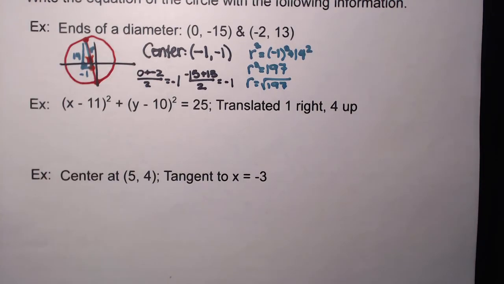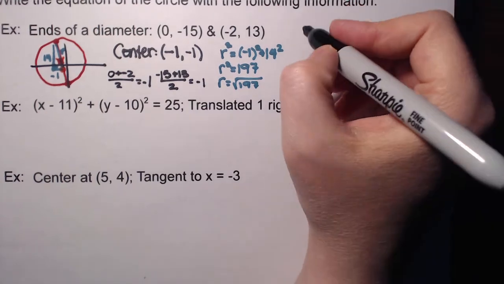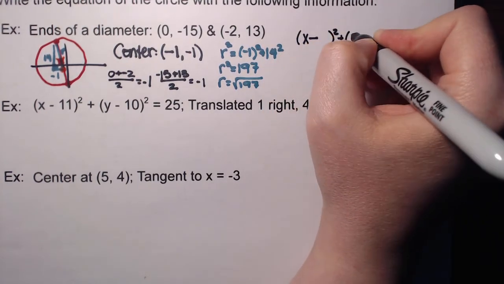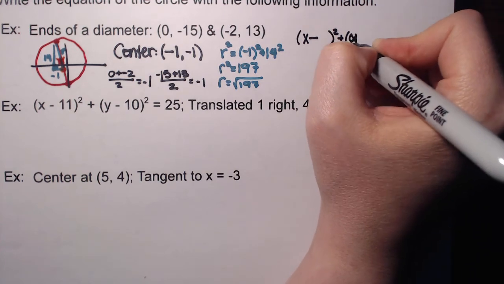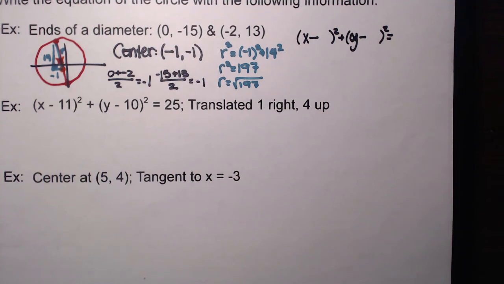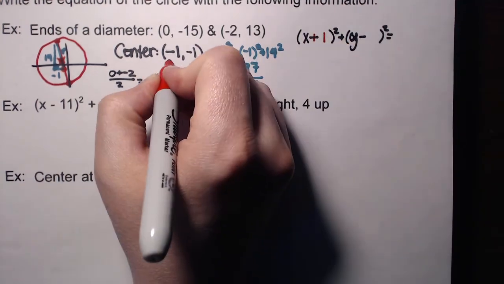Okay, so now what we're going to do is take this information and write an equation for it. That x value was -1, so we're subtracting -1.